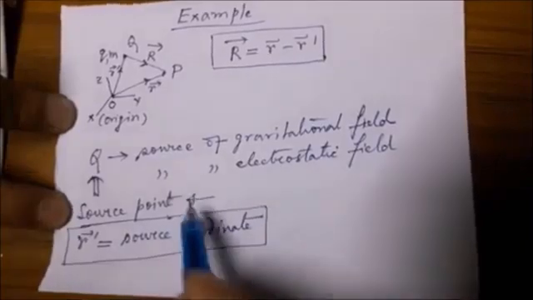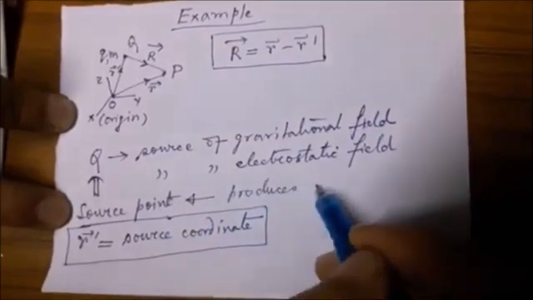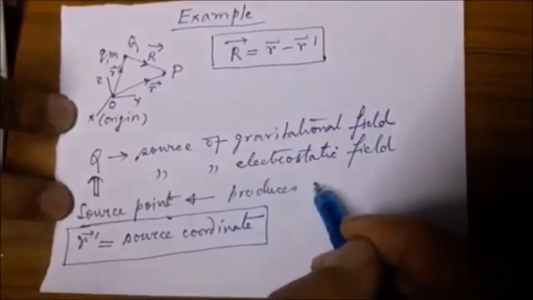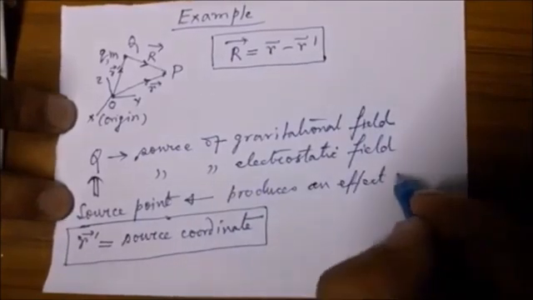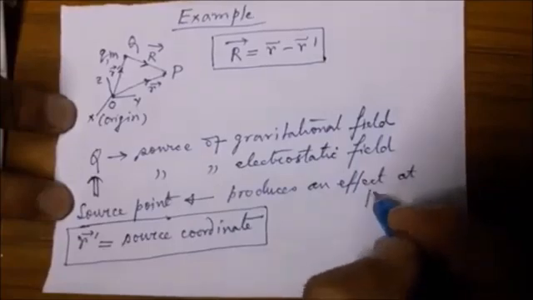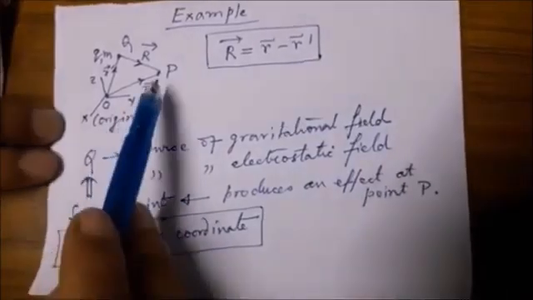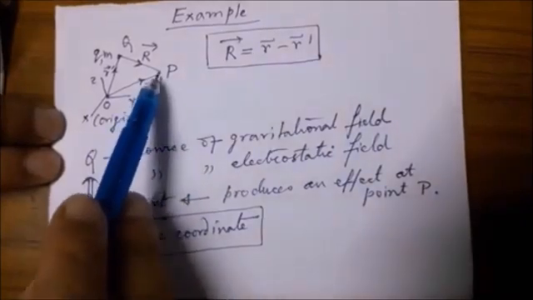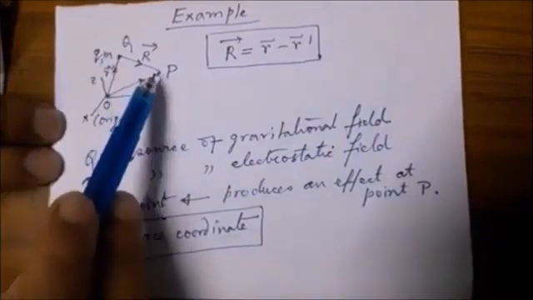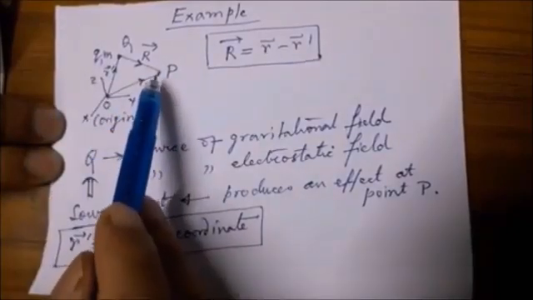This source point produces an effect at point P. The point P where the effect is produced, effect of m, effect of q, that is effect of mass and effect of charge, is called the field point.